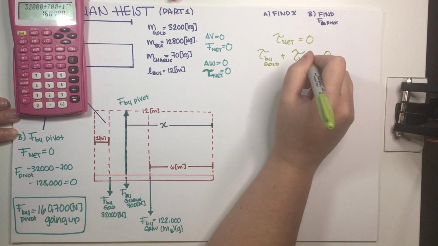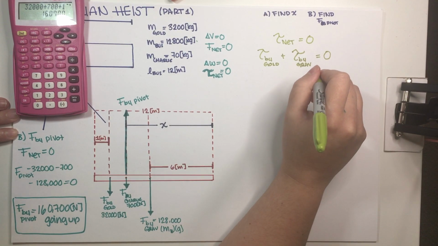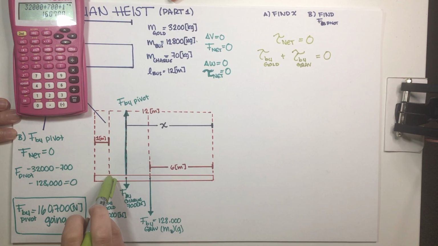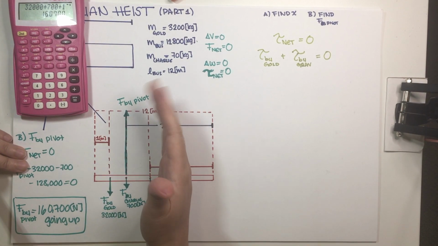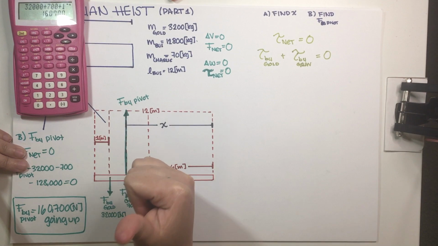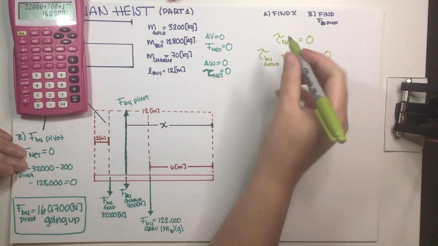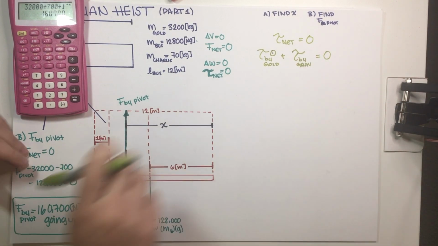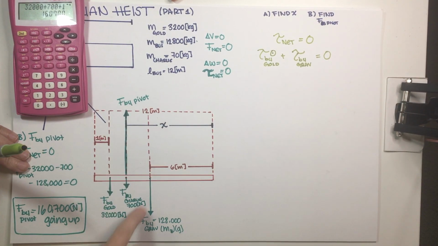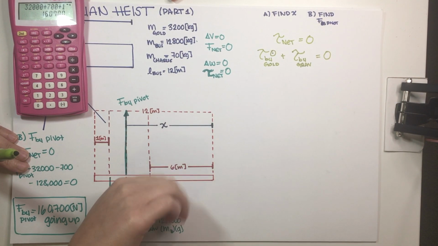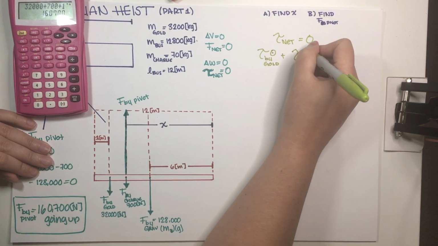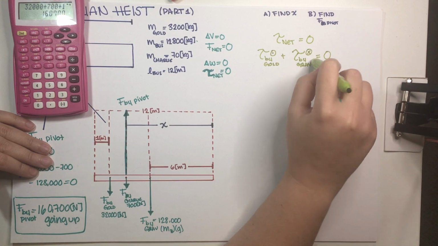Now let's take a second to figure out the direction of these torques. This torque right here, the one by the Gould, if we use our right hand rule, is going to be a torque going out of the page. So this is an out of page torque. Torque by gravity is going to be a torque going into the page. This should make sense, right?